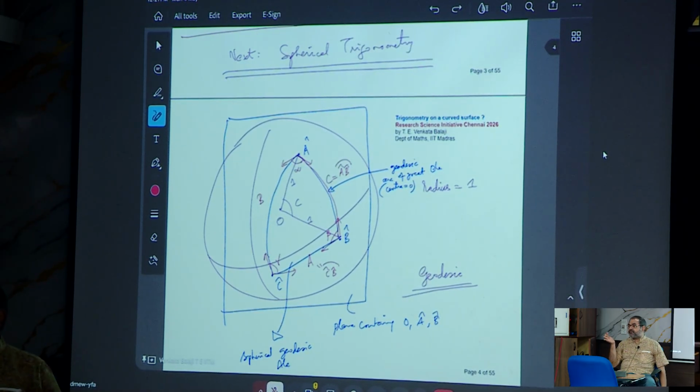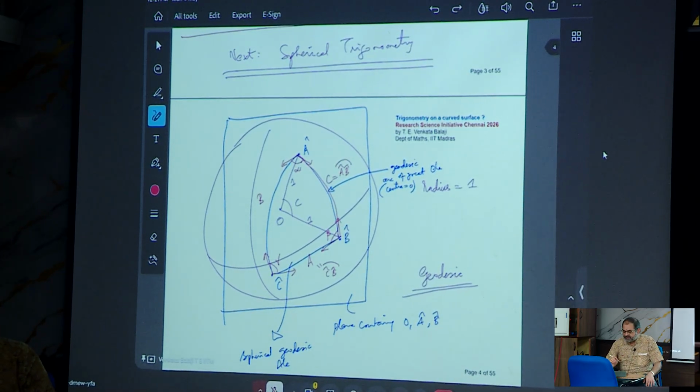So what you should think of is, let's try to understand what happens to trigonometry on a sphere. And that's what I want to talk about today. All right. Can you draw some inspiration from trigonometry on the sphere? All right. Or is there a trigonometry on the sphere? And the answer is yes, it's called spherical trigonometry.